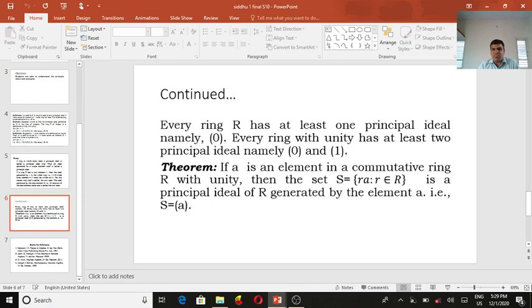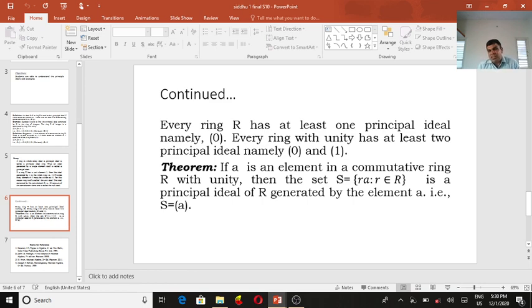So every ring R has at least one principal ideal, namely 0. Every ring with unity has at least two principal ideals, namely 0 and 1. If you multiply 0, every element is 0, and if you multiply 1 times Z, we get the whole Z.